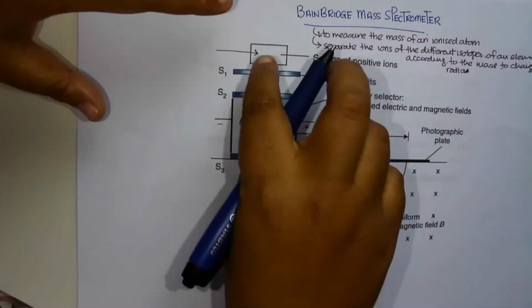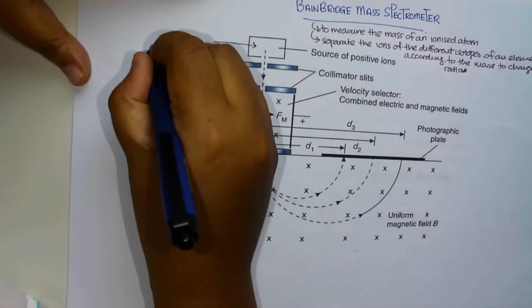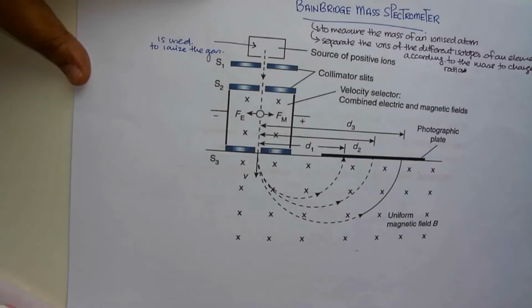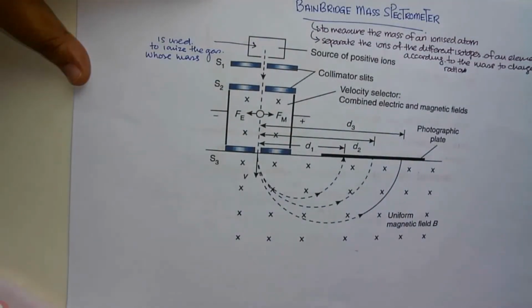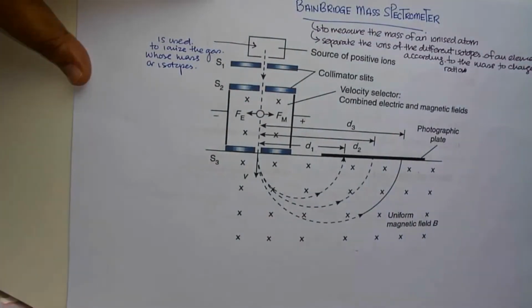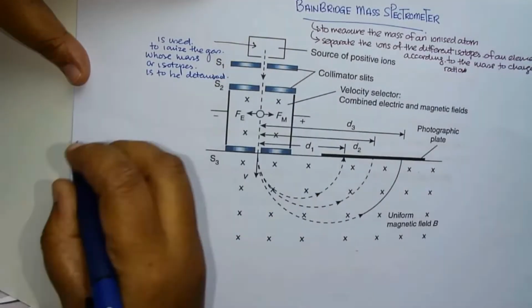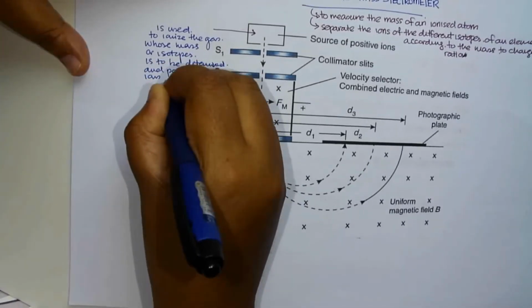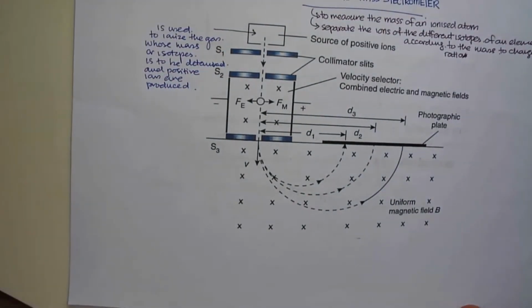This chamber is used to ionize the gas whose mass or isotope is to be determined, and positive ions are produced.